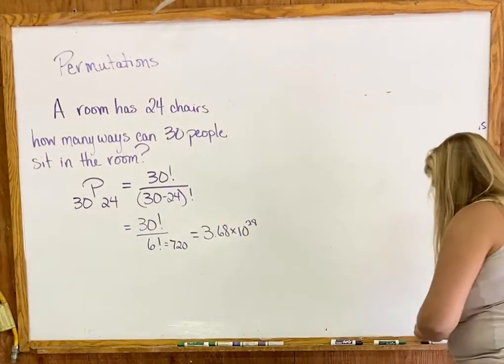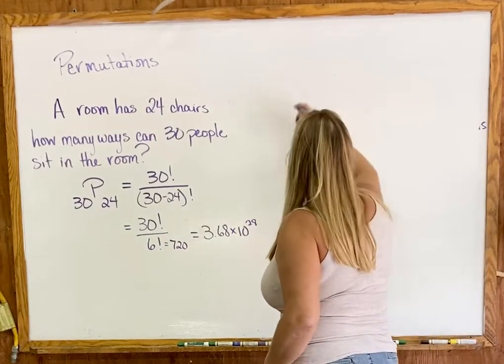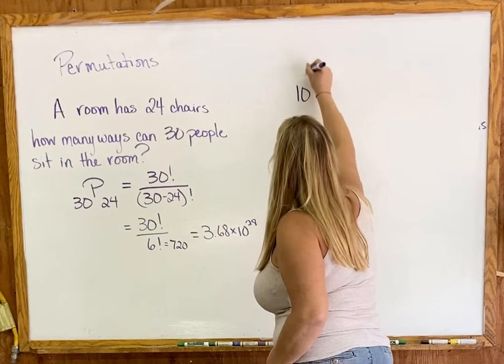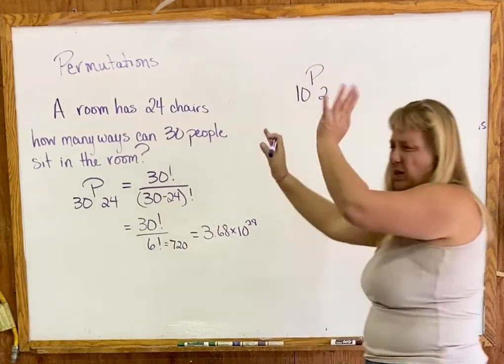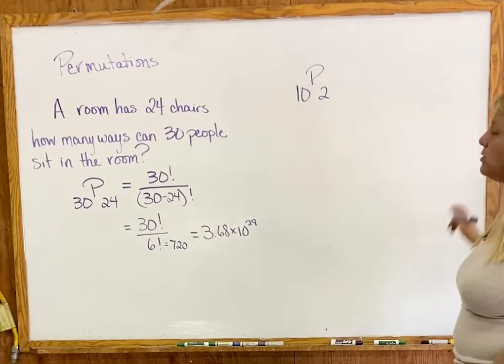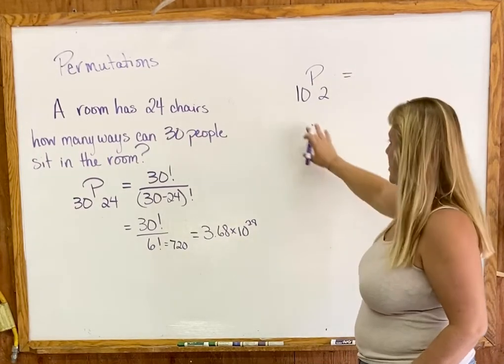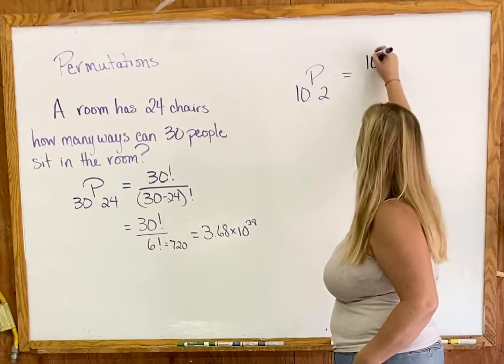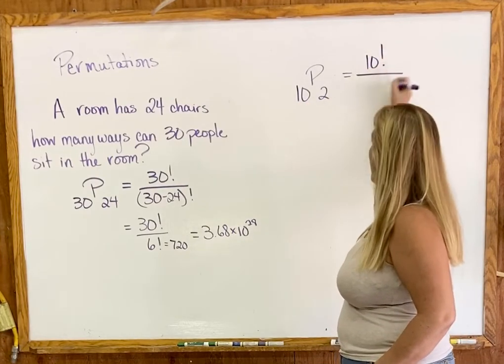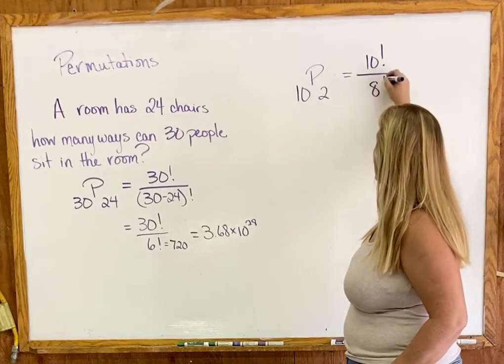Okay. So without a word problem on this one, what if I just wanted you to find 10 permute 2? So we've got 10 elements and we're going to permute 2 of them. I know I erased the formula, but you should have it. So 10 factorial, and then on the bottom we do a subtraction. So 10 minus 2 is 8 factorial.